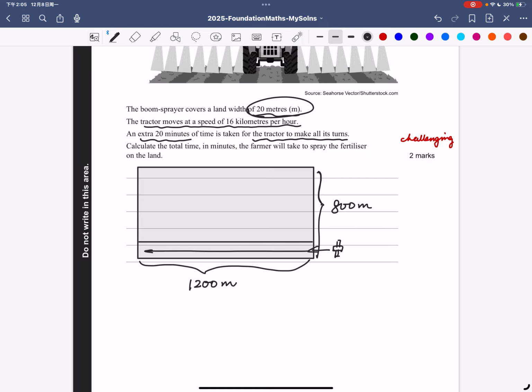Then how many lots of 20 meters do we have? There are 40 lots, or let's say 40 rows, okay? For each row, let's say the tractor needs to move 1,200 meters.